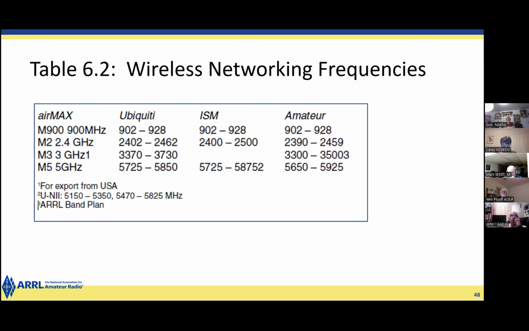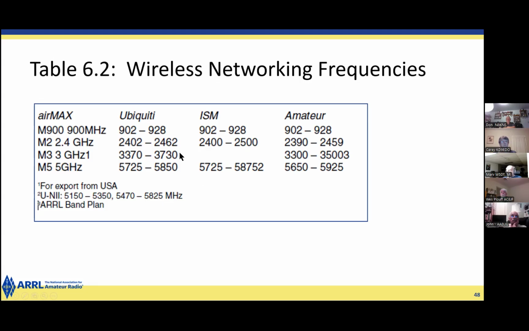and there's a typo on this slide. I think that last entry under ISM goes to 5875 megahertz. And then the 3 gigahertz band is also used for, I believe, an additional Wi-Fi band for newer versions of Wi-Fi.